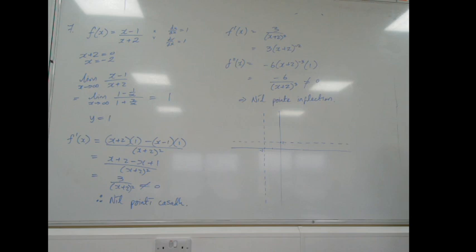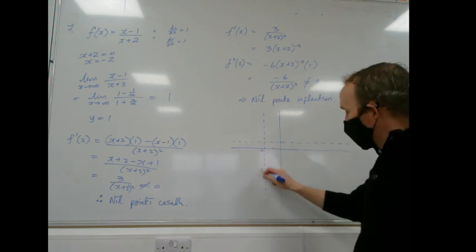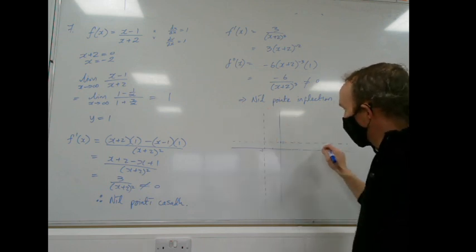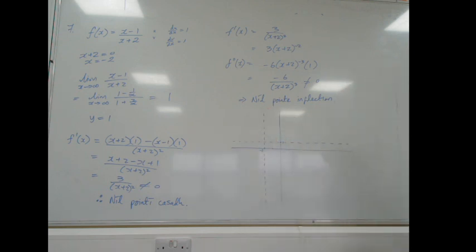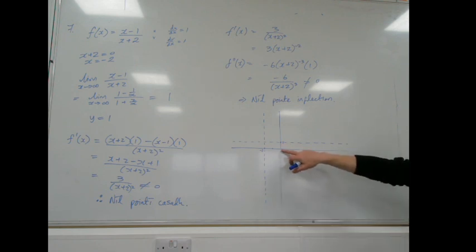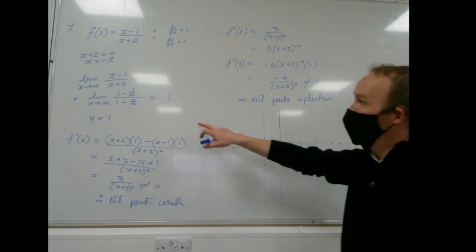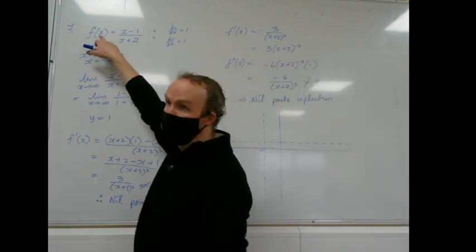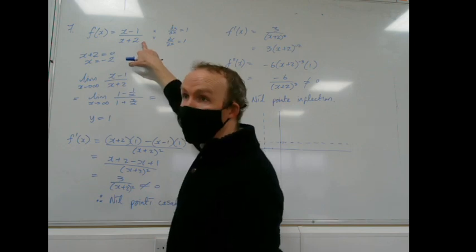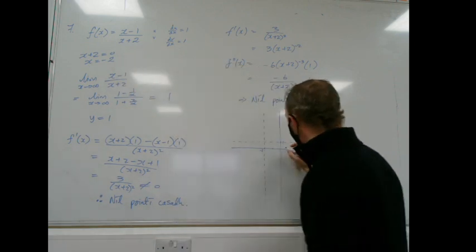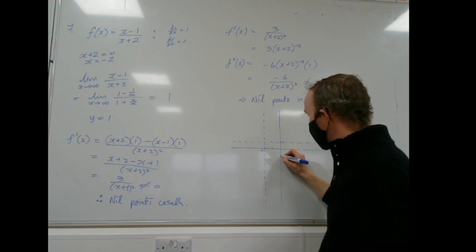Okay? Now, to draw the graph, the idea is that we plot the points. We usually plot the start point, where x is 0. So the start is 0 where x is negative, and that's going to be the graph below.